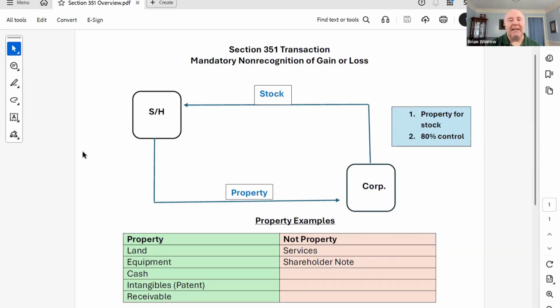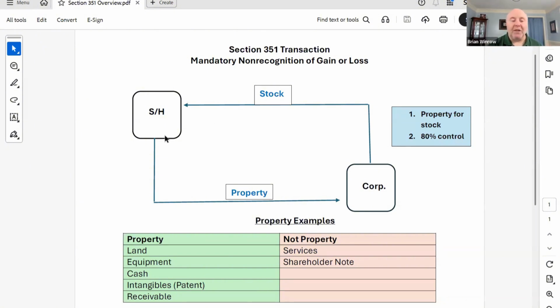Now, we usually see Section 351 when we're talking about the formation of a corporation, right? So we have a couple shareholders who want to go ahead and form a corporation. So they're going to contribute property to the corporation, and in return, they're going to receive stock.